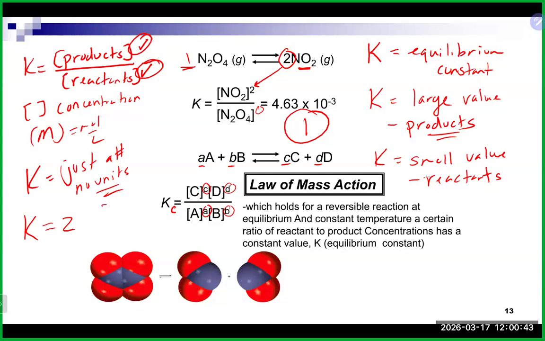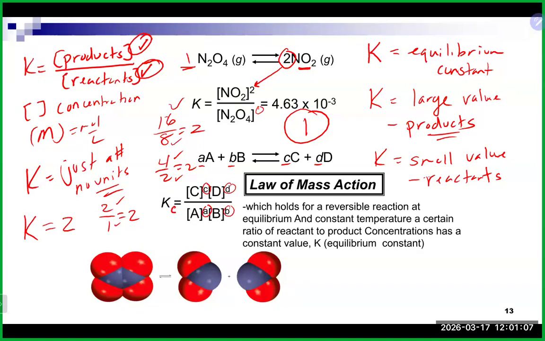I could have 2 divided by 1, which is 2. I could have 4 divided by 2, which is 2. I could have 16 divided by 8, some big math here, which will give you 2. So although these are all obviously different numbers, the ratios end up being the same in terms of the proportion of products to reactants.